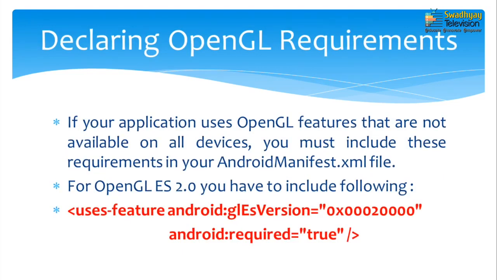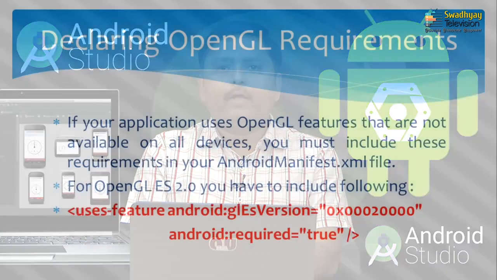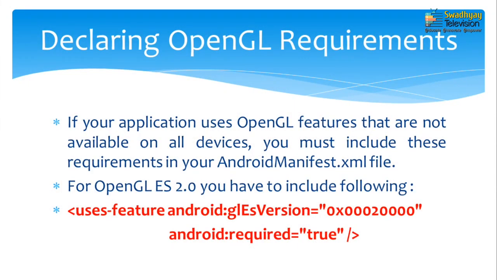Now, we learn how to declare the OpenGL requirement inside your manifest file. Your application must inform that it wants to use OpenGL ES. So, if your application uses OpenGL features that are not available on all devices, you must include these requirements in your AndroidManifest.xml file.